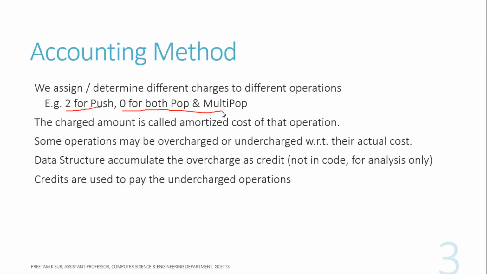So again, in the accounting method we give some charges to the operations of the data structure, and we found that some are overcharged and some undercharged, and the overcharged operations give credit to the data structure, which we use to pay for the undercharged operations.